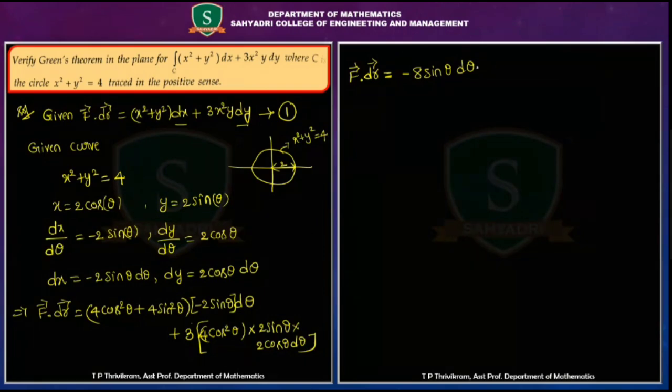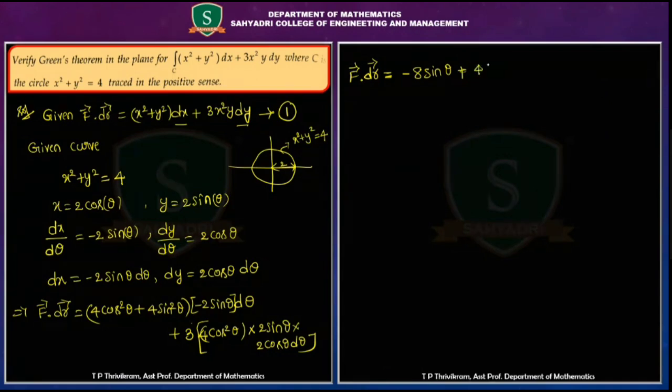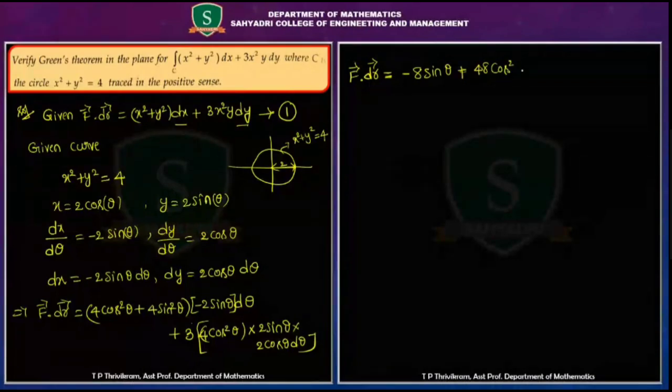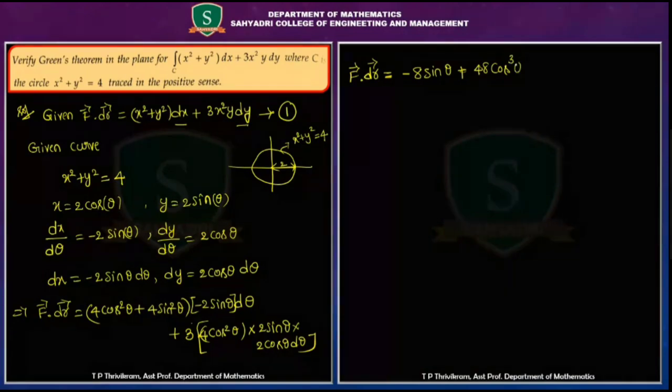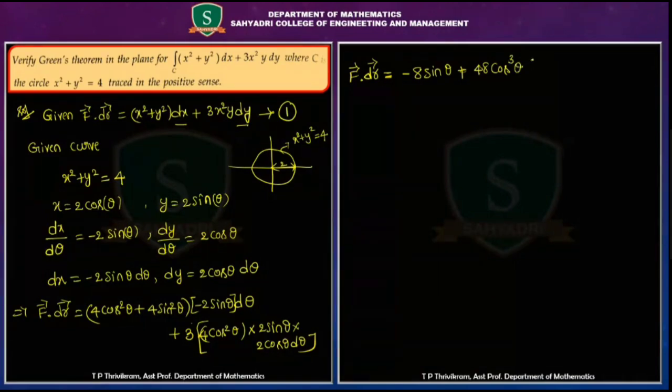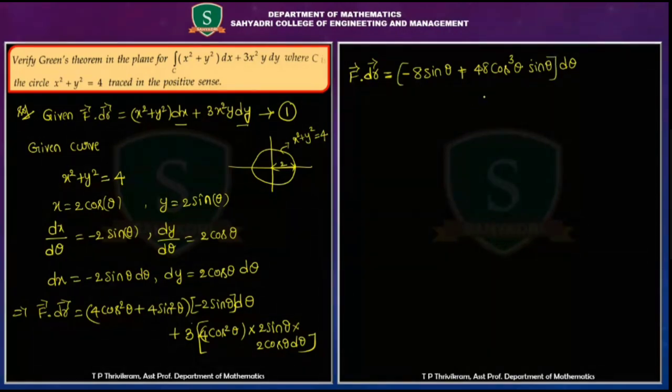Next, this d theta I am taking at the end, so I'll get plus 48 cos cube theta sin theta d theta. Okay, 48 cos cube theta sin theta. Now we take this function in terms of brackets.